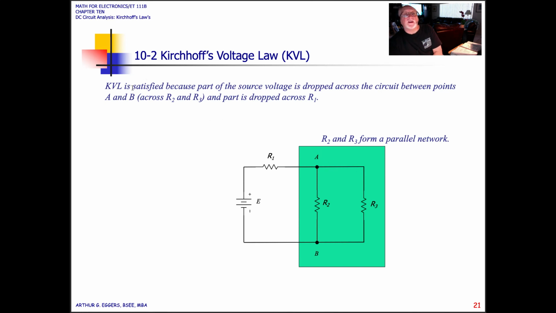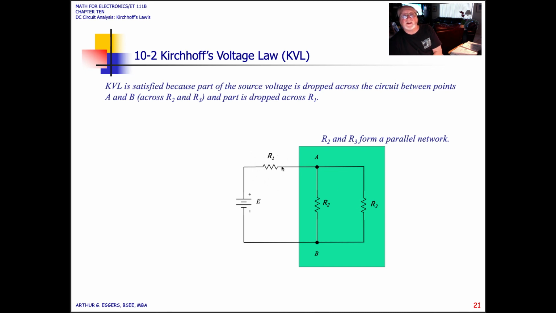Kirchhoff's voltage law then is satisfied because part of the source voltage is dropped across the circuit between points, in this case A and B, which is the same as resistor R2 and R3. You'll notice R2 and R3 are in parallel. R1 is not part of the parallel branch.